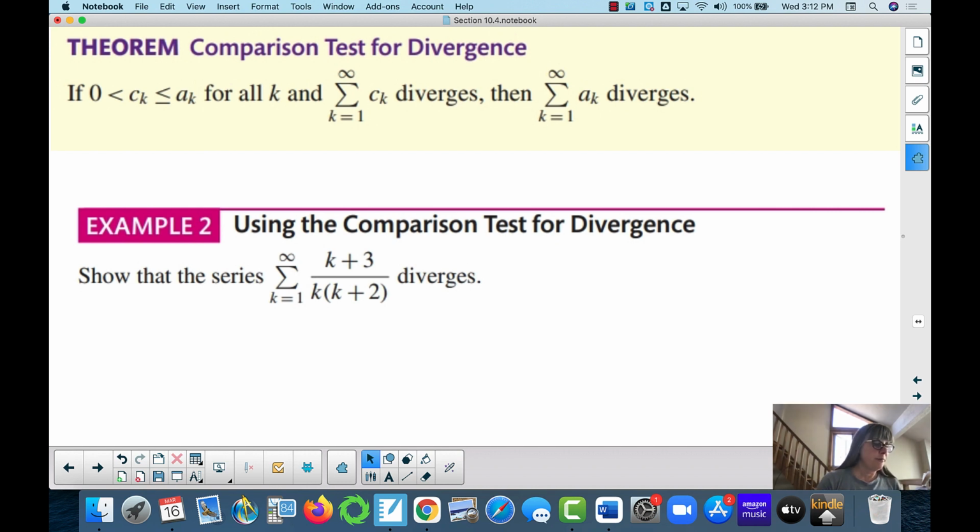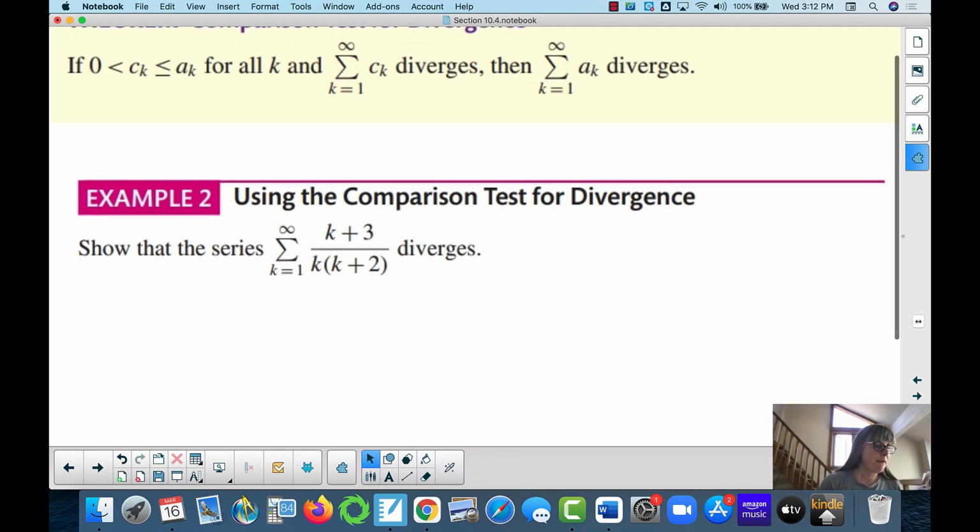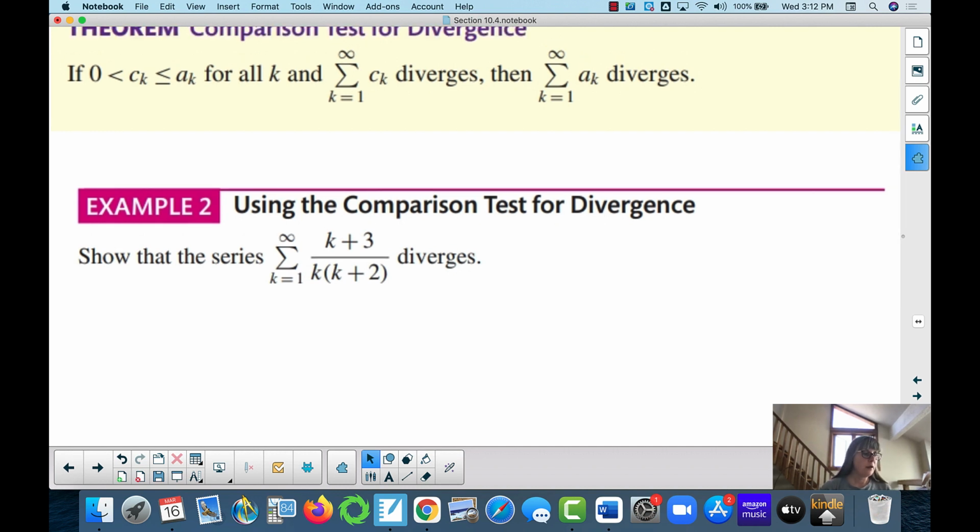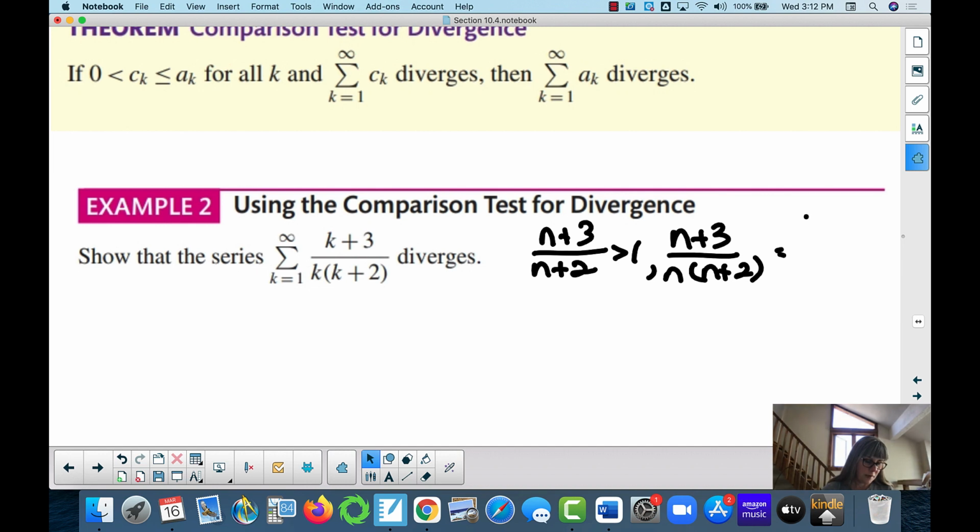So in this one, what we can do is say that we know that (n+3)/(n+2) is greater than 1. And (n+3)/(n(n+2)) is the same thing as (1/n) times (n+3)/(n+2).